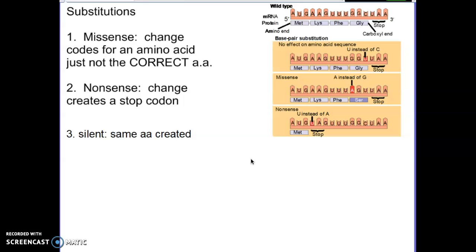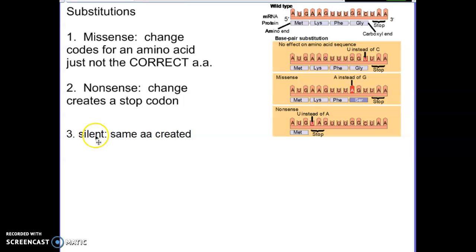So basically three things can happen. A silent mutation is when you change your letter but you get the same amino acid. Remember how serine and valine and a lot of those are in the chart a bunch of times? That's what prevents something from actually happening. So was it mutated? Yes. Did it cause a problem?